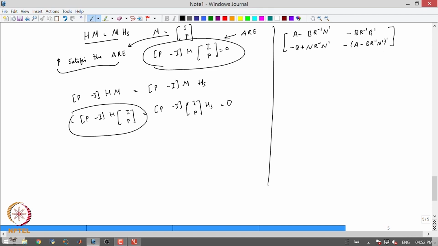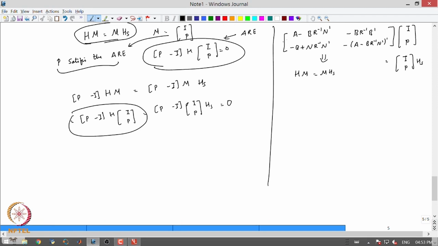Now substitute this H into this equation. So this H, let me just put it in. H M is M times Hs. Okay. Now what is my M of the form? M is of the form I and P. This is equal to I and P times Hs.